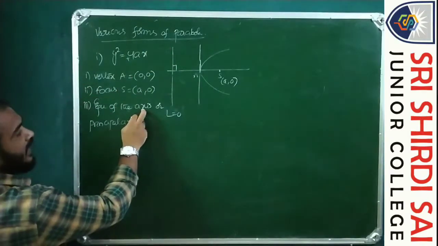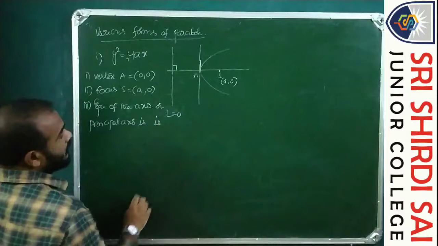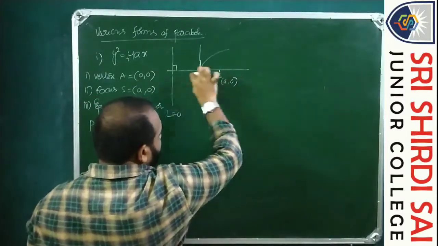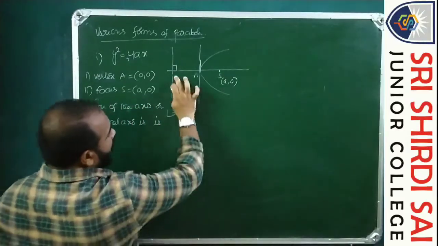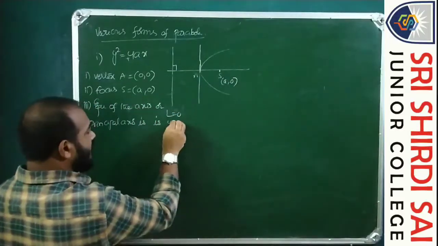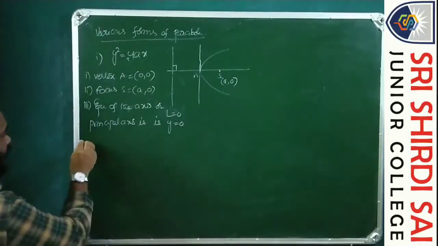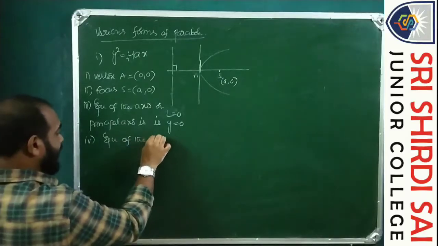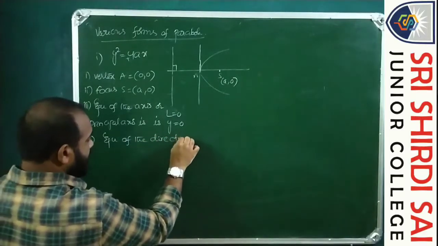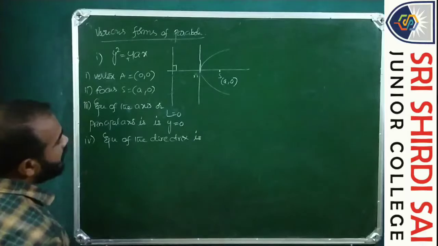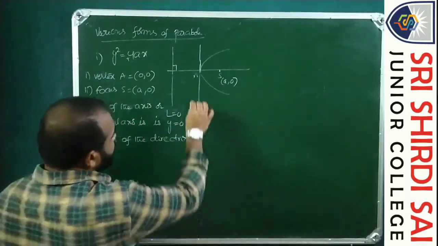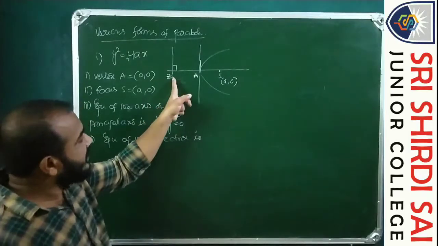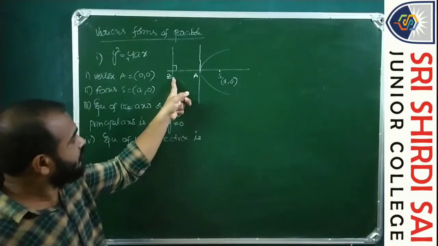So the equation of the axis is: this is the axis or principal axis. This is the x-axis. What is the equation of the x-axis? y equals to 0. And the equation of the directrix is: this is a comma 0 and this is Z. This Z is the foot of the directrix.